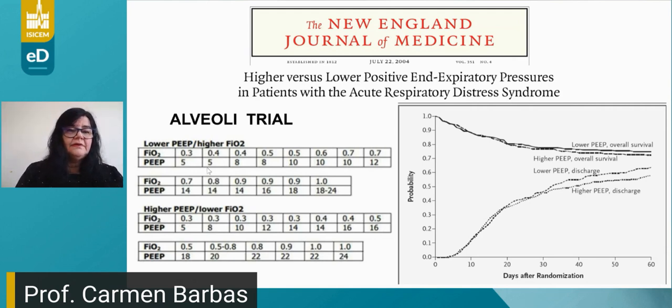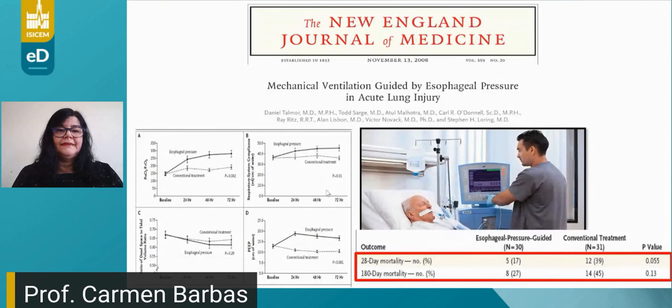See that with low FiO2, we have lower PEEP, and in both tables they used higher PEEP with high FiO2. Another way to titrate PEEP is through the esophageal catheter.